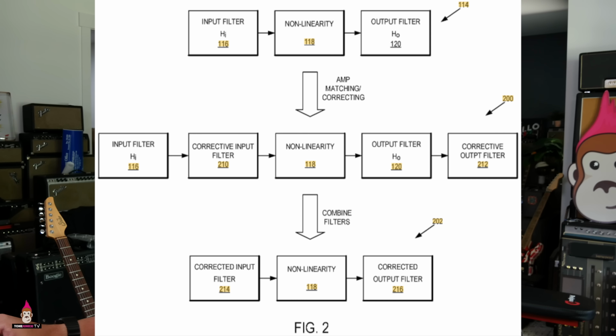So, as I said, this patent seems to be speaking about taking a real guitar amp and a digital model, which this patent describes as having an input filter, a nonlinearity, and an output filter, and applying some corrective filter to those input and output filters to create a new input and output filter, which would be identical to the real-world amplifier.